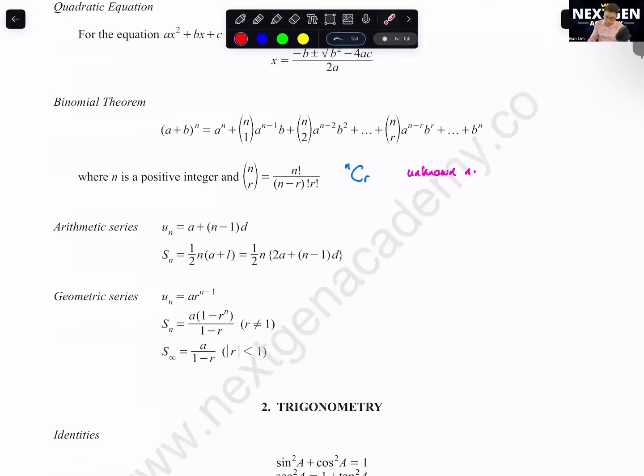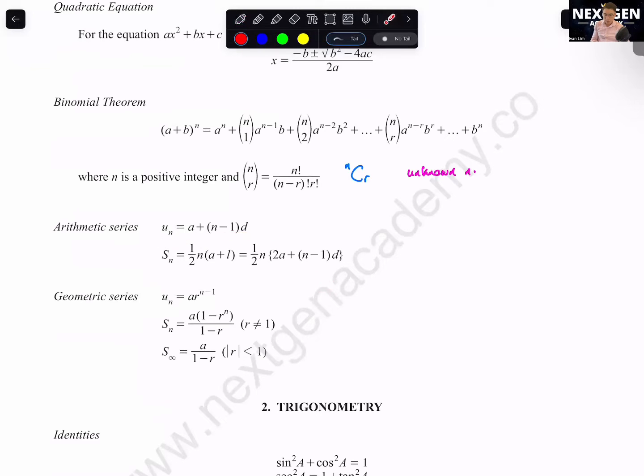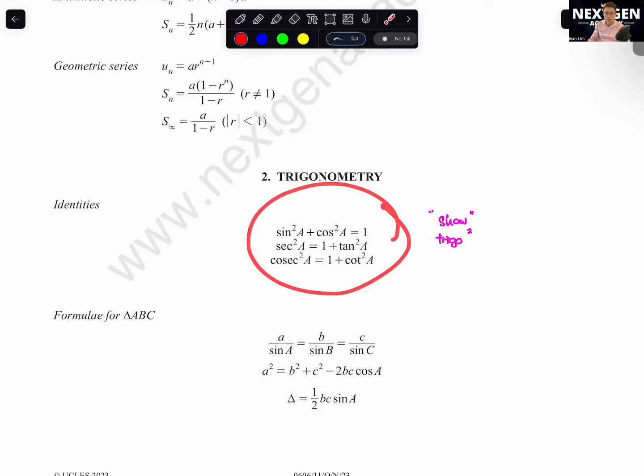Next one. In this paper, we'll be using this quite a bit: the arithmetic series, sum of n terms, and the term itself, and also sum to infinity for the geometric series. We will come across trigo type questions, normally the show or proving type, and we will use this over here. Any sort of trigo squared, like sine squared, cos squared, tangent squared, we normally refer to this part here.